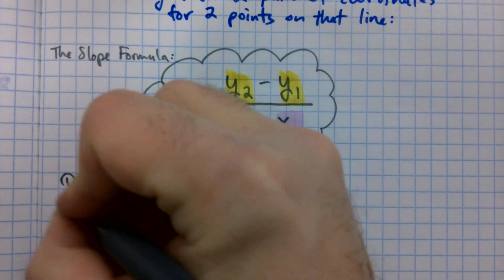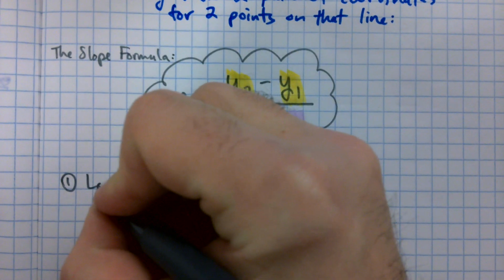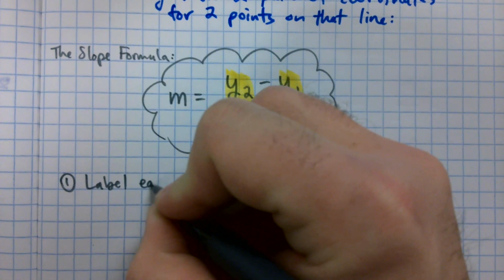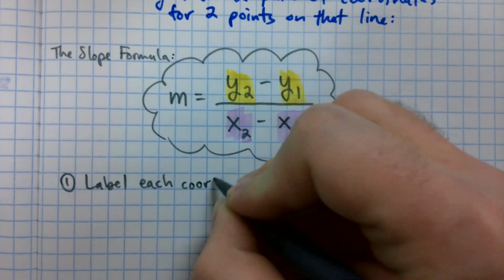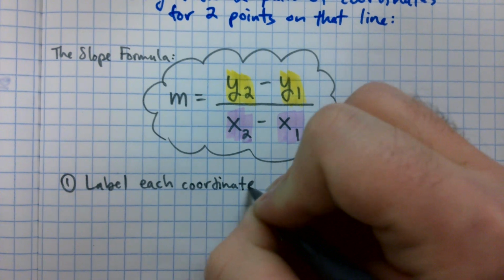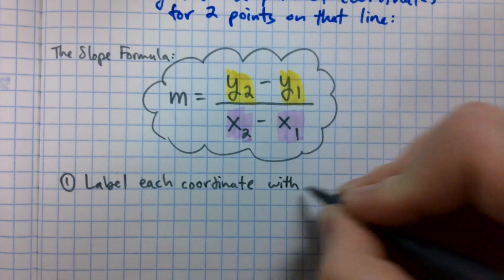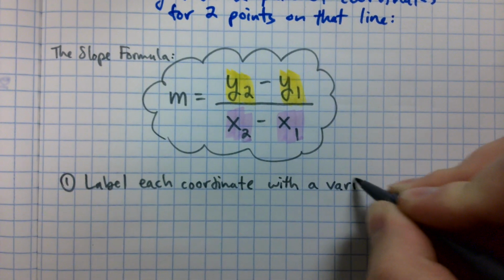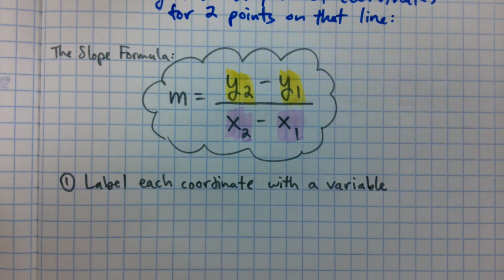So our step one is going to be label each coordinate with a variable.